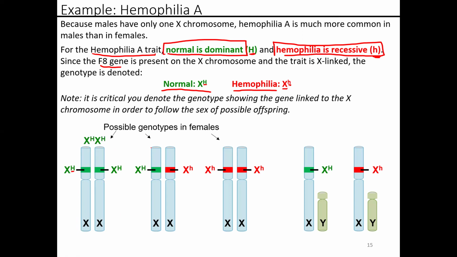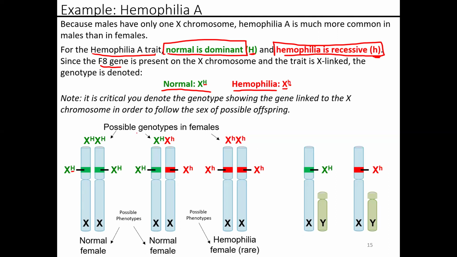For this one over here, you can see that we have an X and then an H. Again, that's how we write that here. And then X and little h. So in this case, this person would be a carrier right here. And then finally over here, the only way for them to show hemophilia is it would have to be homozygous recessive for that trait.